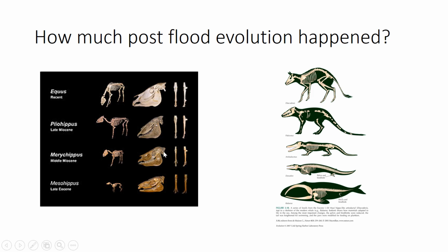But other than that, the horse series and a number of these other groups of mammals and birds do seem like we're getting a significant amount of diversification following the flood, which is really exactly what you would expect to happen if you destroy all terrestrial air-breathing forms other than those that were taken onto the ark. A lot of open environments, a lot of open niches, providing opportunity for rapid diversification.